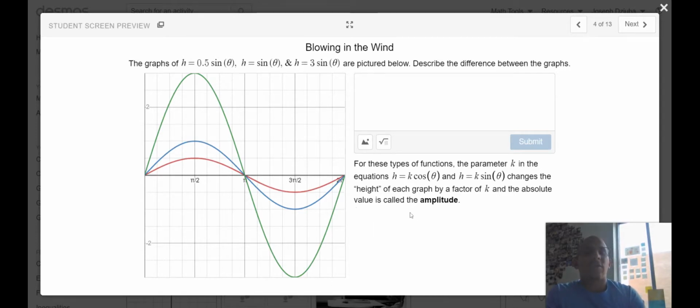It changes the height of each graph by a factor of k, and the absolute value is called the amplitude. As I had said before, the amplitude is going to be the distance between, and obviously all three of these are going to have a midline of the x-axis or y equals 0, so the distance between y equals 0 and the maximum or minimum values here.